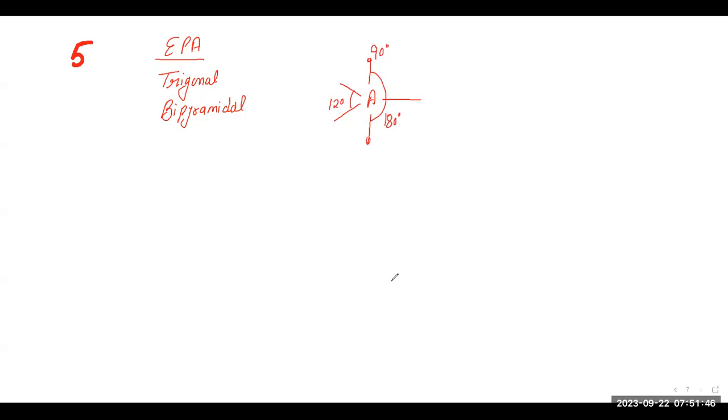There are 90 degree angles more, in fact. How many 90 degree angles are there? See, with this atom and this atom, what is this angle? 90, right? Similarly, with this atom and this one, what is the angle? 90. Same with this, 90, 90.